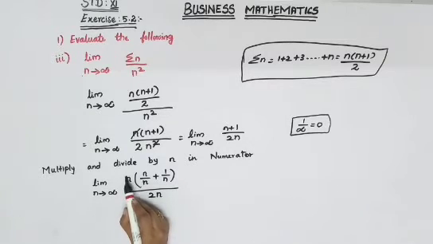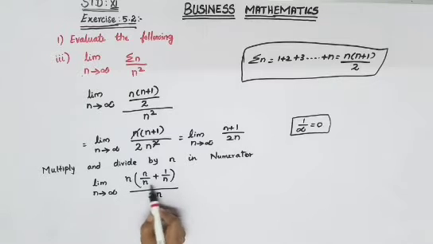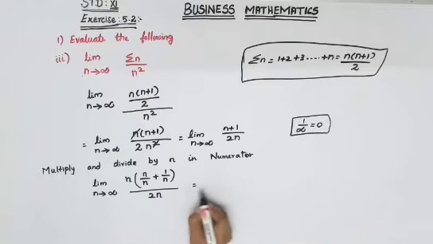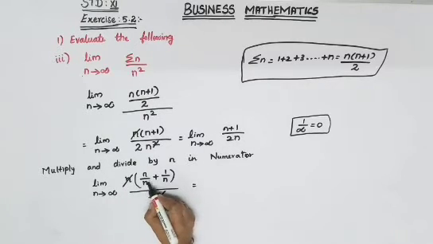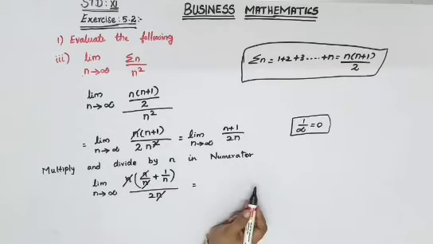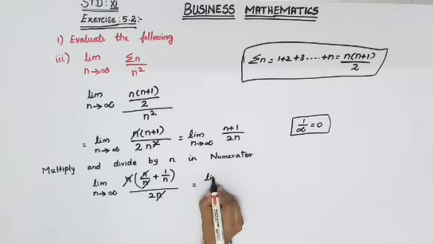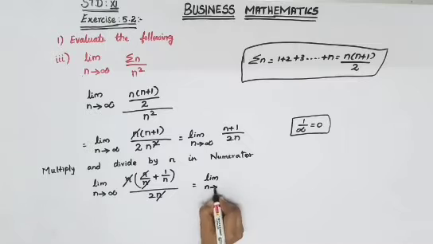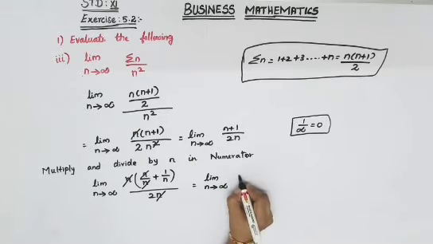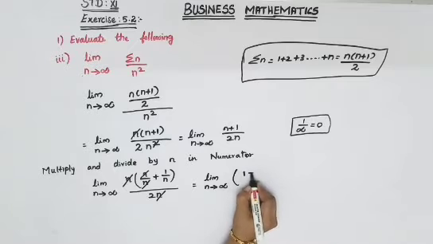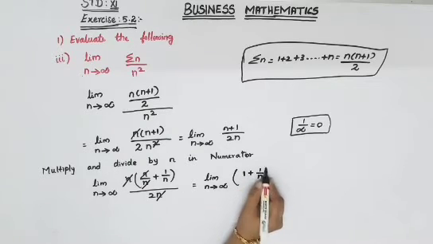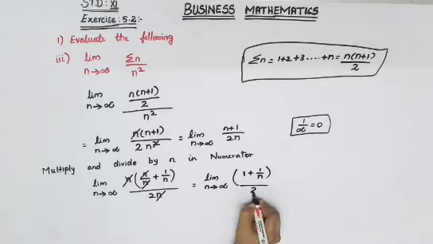Multiplication n, always keep it outside. Denominator n, you will have to take it inside separately for each term. Now this n and this n you can cancel it. Inside also n and n you can cancel it. You will have limit n tends to infinity, 1 plus 1 by n divided by 2 will be there.